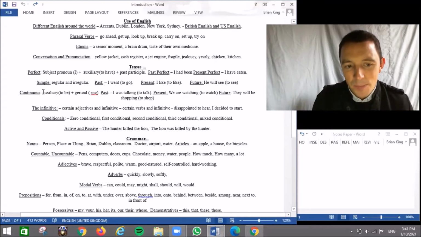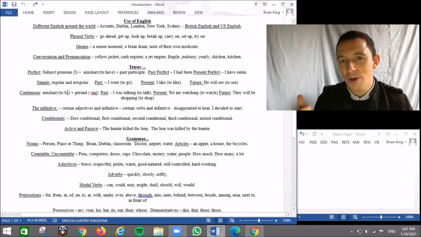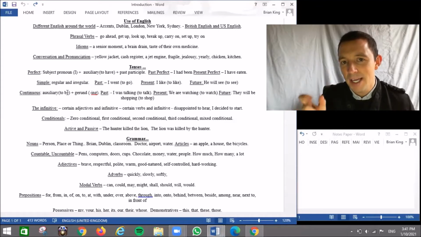The continuous, estoy bebiendo, estoy conduciendo, no sé si existe, estoy leyendo, I am reading. Okay, so it's casi el mismo en inglés. El verbo to be, auxiliar. Después el subject, por ejemplo, I, you, he, she, we. Auxiliar, am, para primera persona, I am, plus the gerundio. I am drinking, I am eating, I am sleeping.